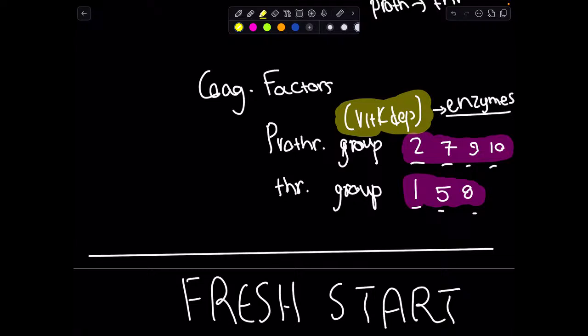Okay, I see. And do they require calcium activation? Yes, calcium is crucial. It helps these factors bind to phospholipid surfaces, which is necessary for the clotting cascade to proceed. Okay. And then thrombin activates 1, 5, and 8, basically.